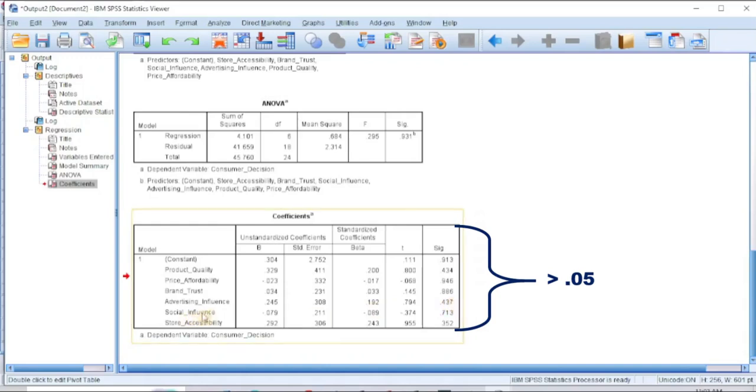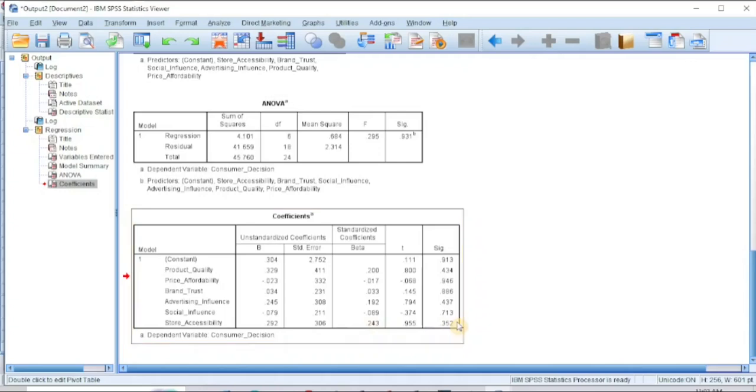Social influence has a negative beta of -0.089 and a p-value of 0.713, suggesting a weak and insignificant inverse relationship with consumer behavior. Store accessibility, although having the highest beta value among the predictors, which is 0.243, is still not statistically significant as the p-value is 0.352.